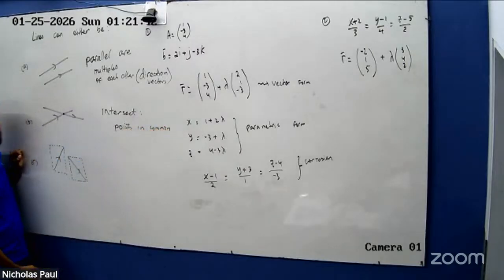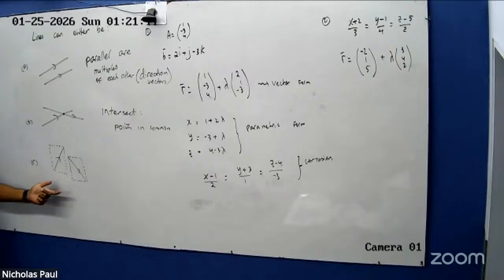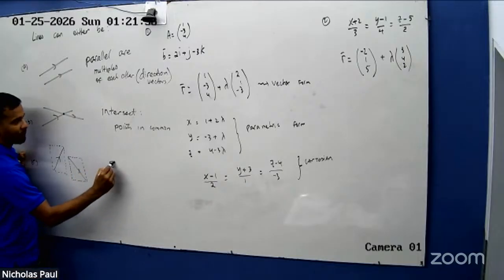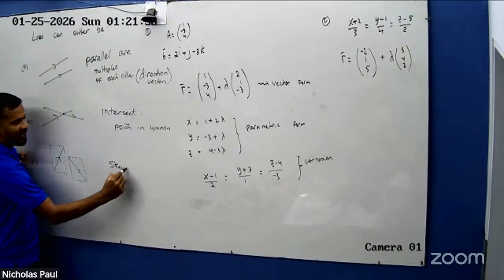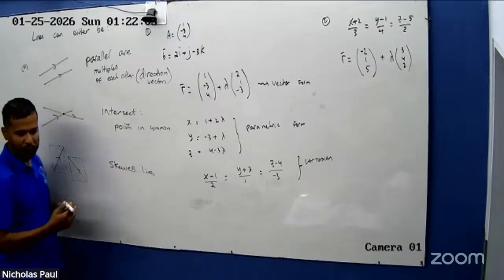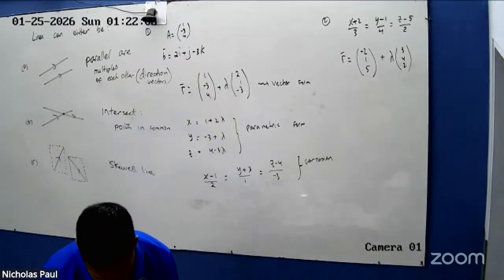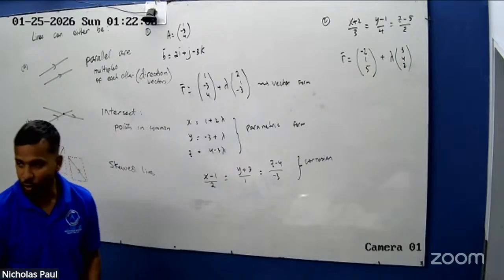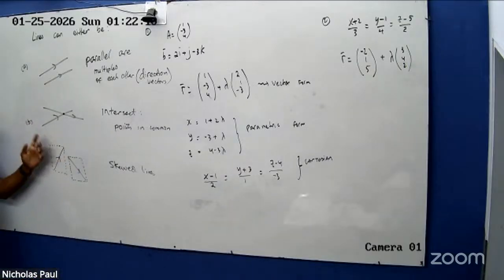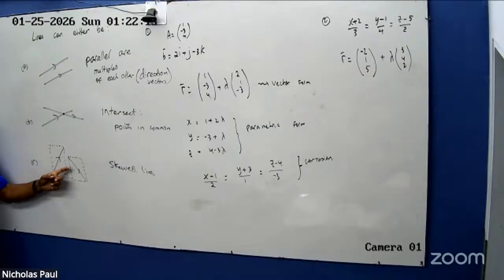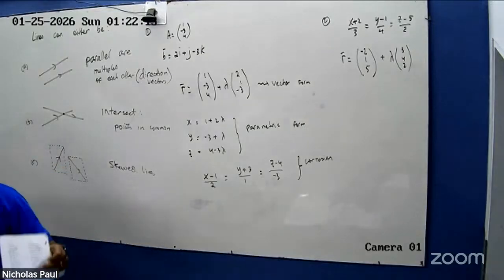Can we have lines that do not intersect and are not parallel? Yes. Those lines are called skewed lines. I want you to have a little idea how they look. If I draw these two lines out, they might look like they intersect, but suppose the lines are on different planes.